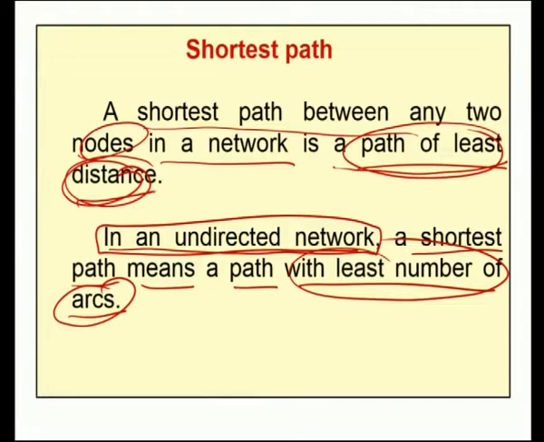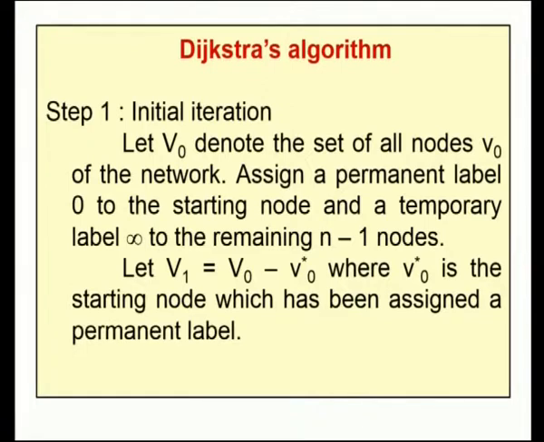With this definition of shortest path, next we will discuss Dijkstra algorithm to construct the shortest path for a given network diagram. In Dijkstra algorithm, the first step is: let V0 denote the set of all nodes of the network.